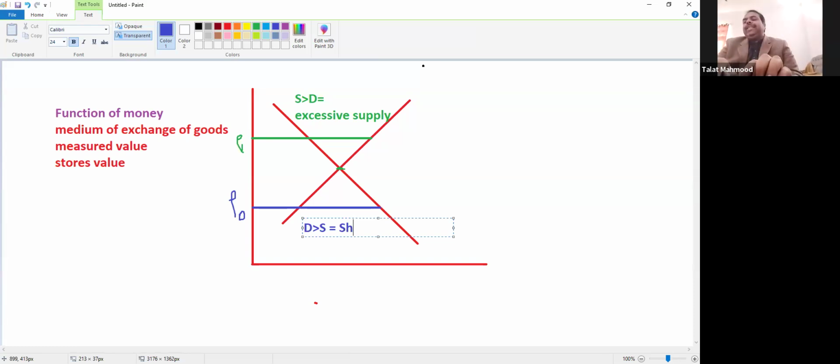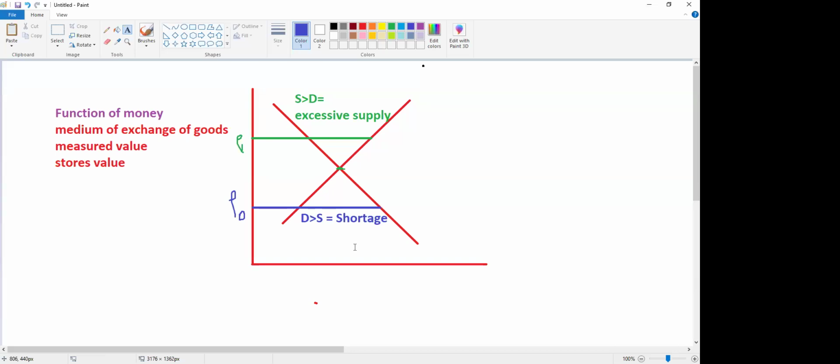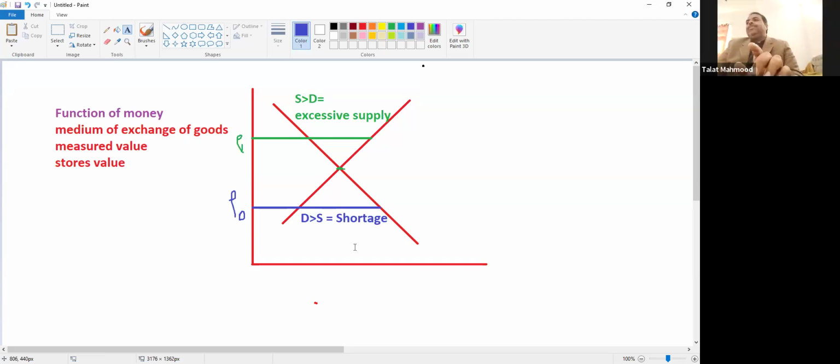When demand is greater and supply is less, we call it shortage. Supply is in shortage here. Or deficit, right? Yes, you can say that.